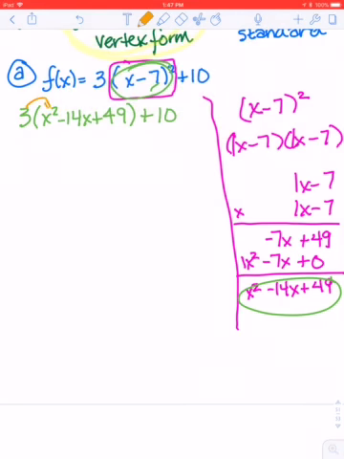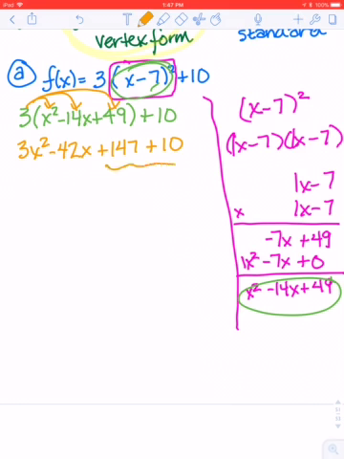So now I need to go through and multiply through by this 3. So 3 times x squared is 3x squared. 3 times negative 14x is negative 42x. If I do 3 times positive 49, it's positive 147.